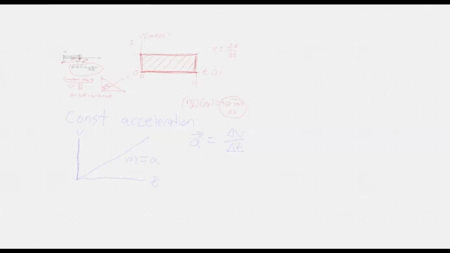Go over, that's a change in time. Slope is rise over run, which means that the slope is equal to delta v over delta t, which is the definition of acceleration. So at any given time, you can get the acceleration at a given instance in time if you can find the slope of a velocity versus time graph at that point in time.